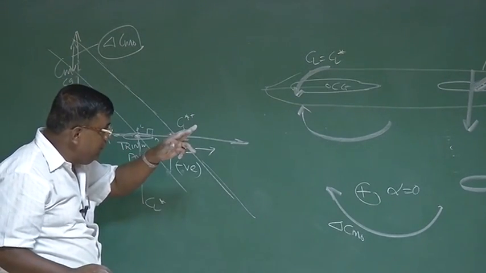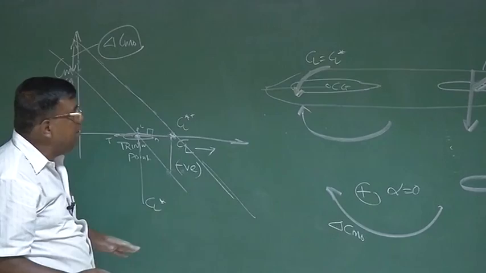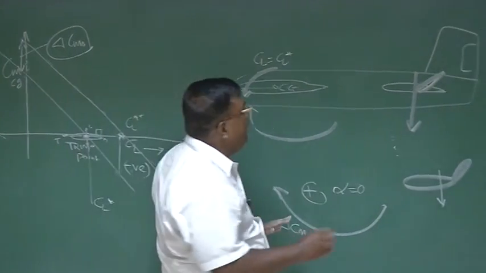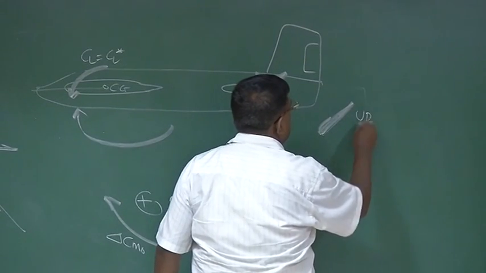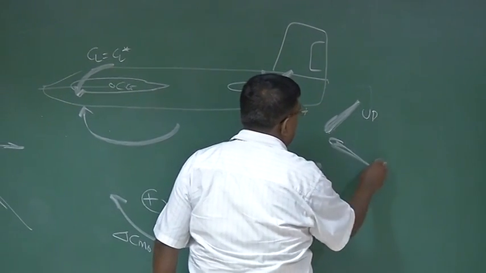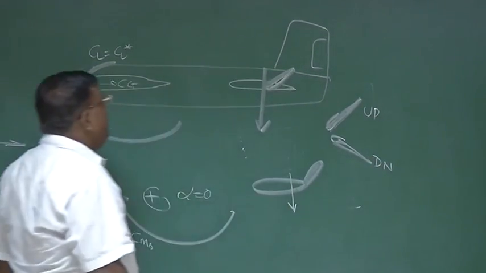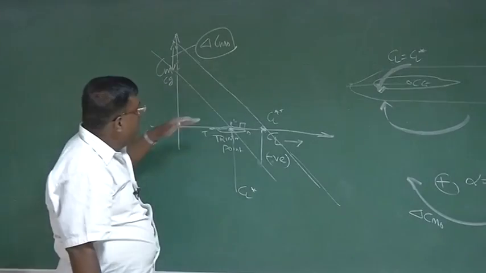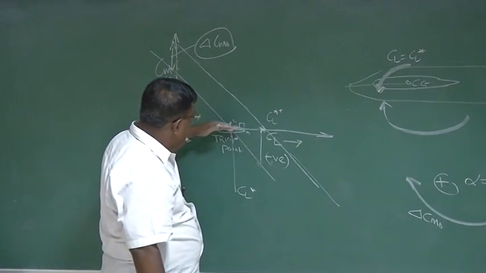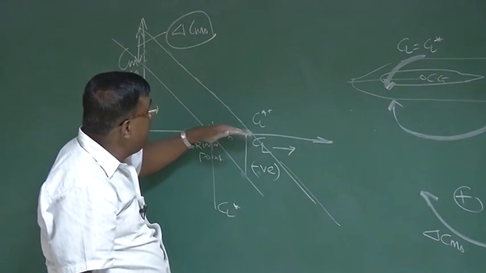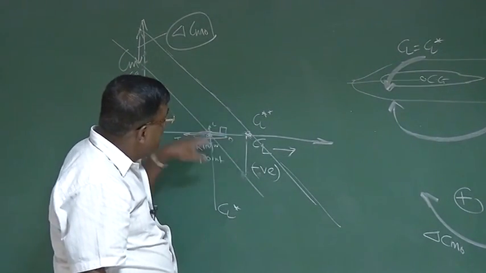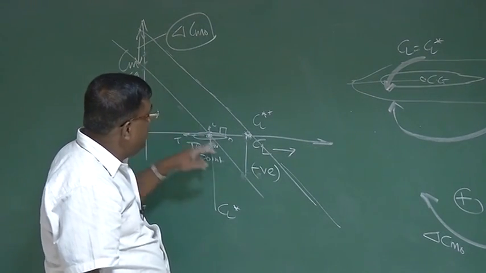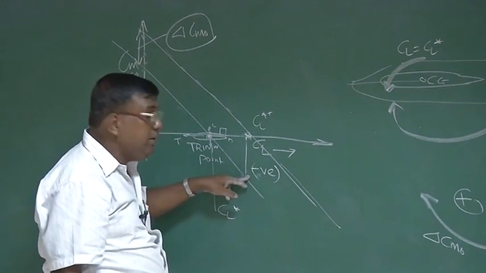By giving the elevator up deflection, please understand elevator up is negative deflection, and this is elevator down. Okay? Let me repeat again, if you are flying at CL star, if you want to fly at CL double star, which is more than CL star, our aircraft will generate a negative pitching moment.